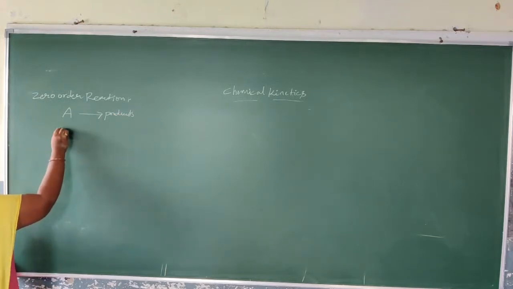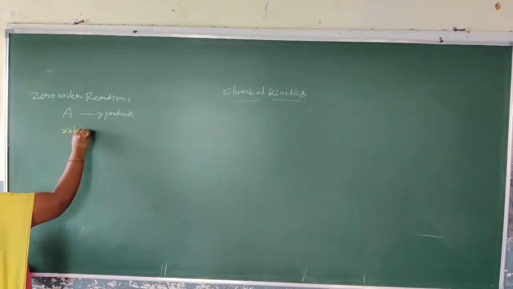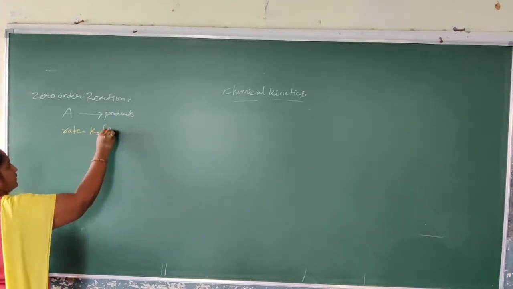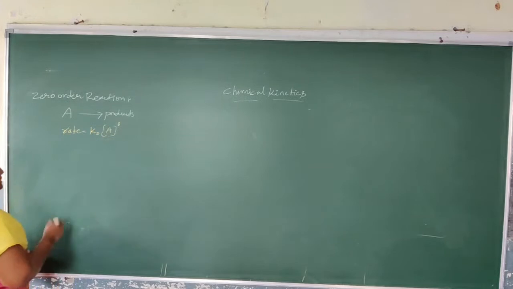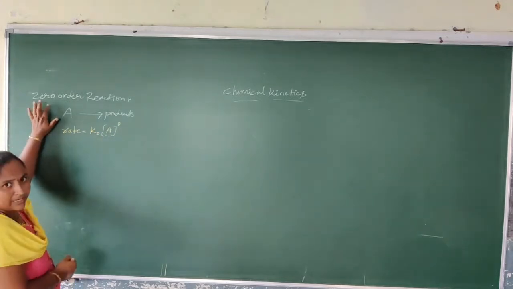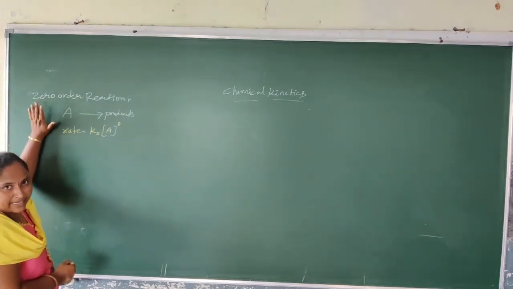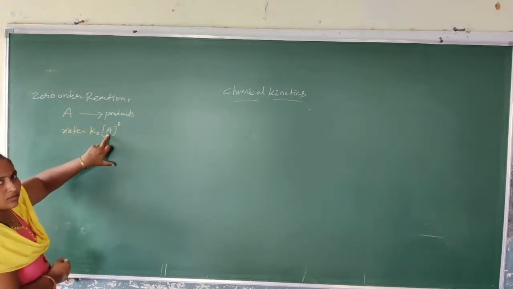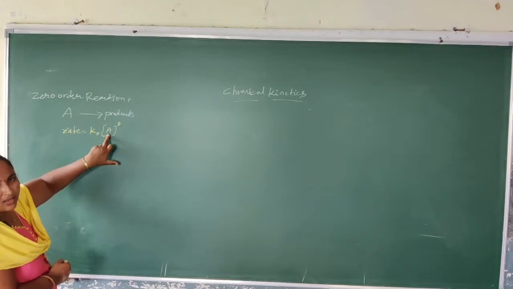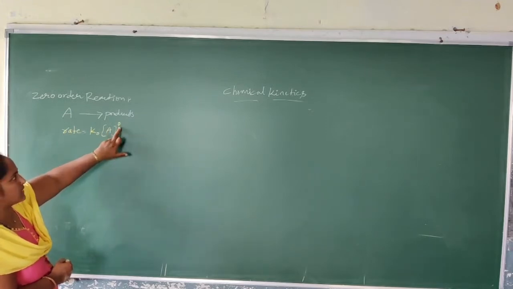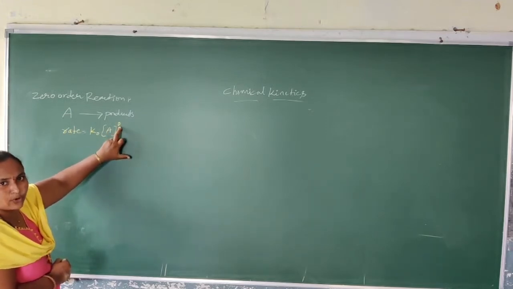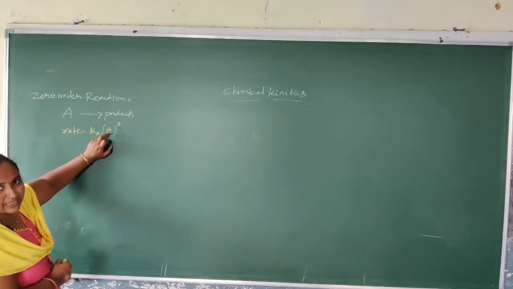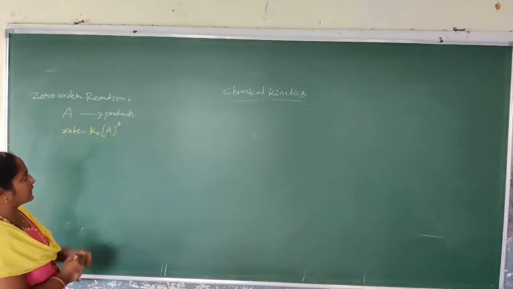For writing the rate, rate is equal to K naught into the concentration of A to the power of 0. How do we define zero order? The rate of a reaction does not depend upon the concentration of the reactant, so that's why we take the power 0 here.